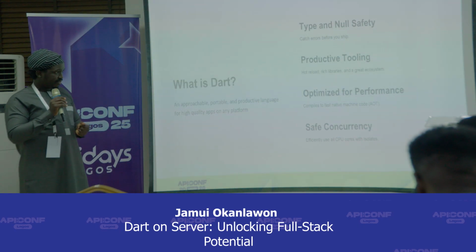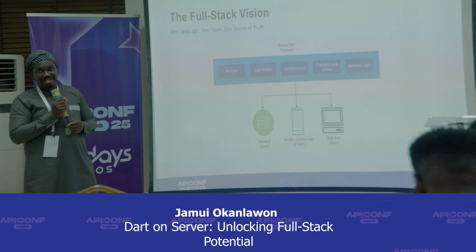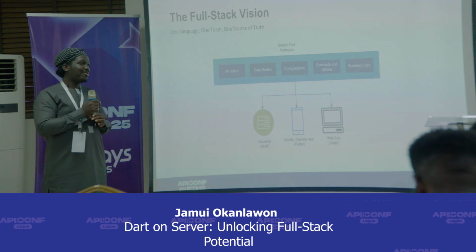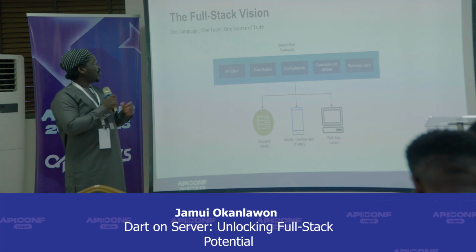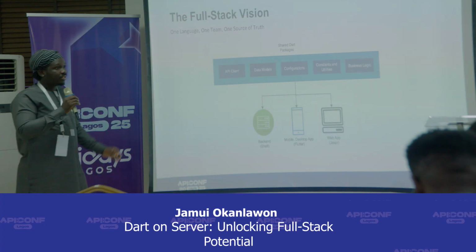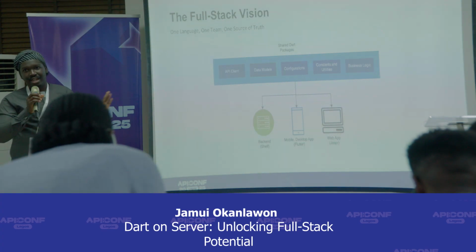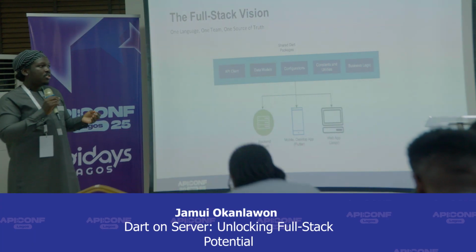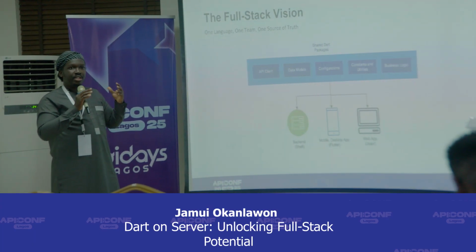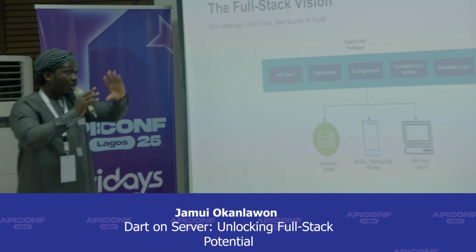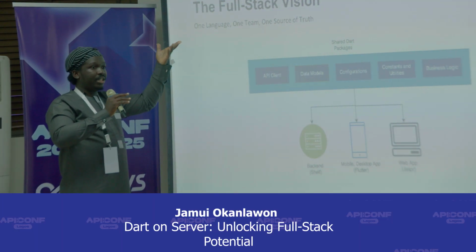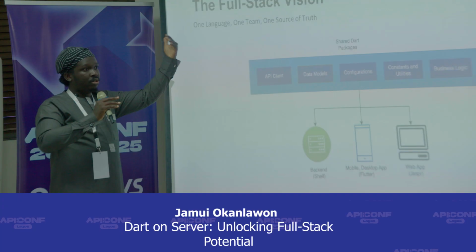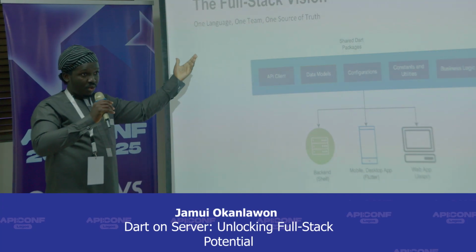Next slide. So why are we talking about Dart on the server when we have Go, JavaScript, and so forth? The reason is having a true full stack solution. So what if you can have a single codebase for your entire company, where you have a package where you share your models, configuration, and so on.